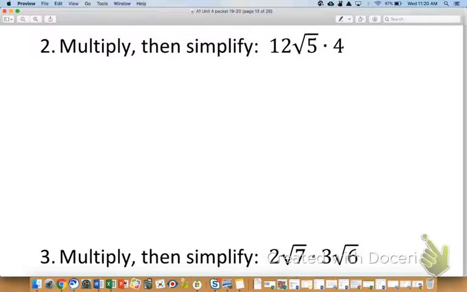So we're doing number 2. Times the square root of 5 times 4. Yeah, you can still get the same answer. Your idea was not wrong, if you simplified first and then multiplied.